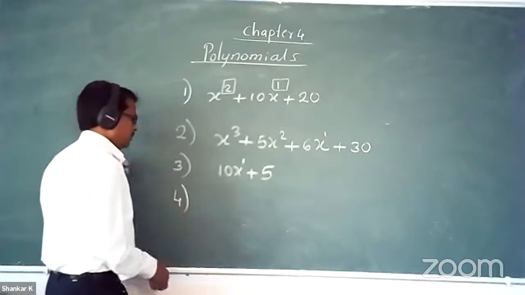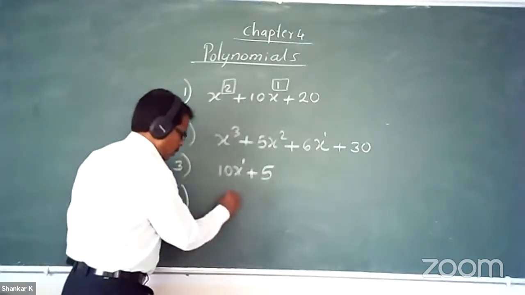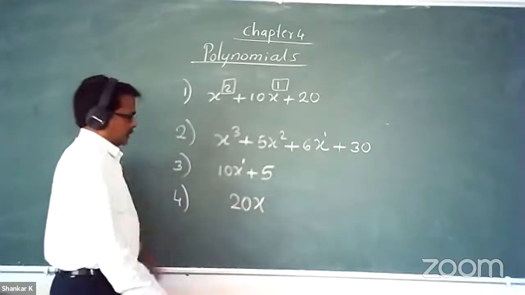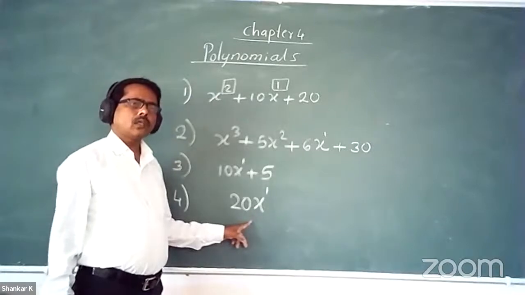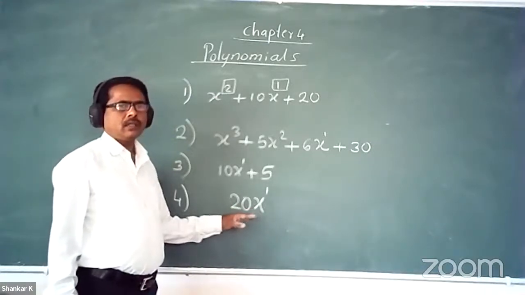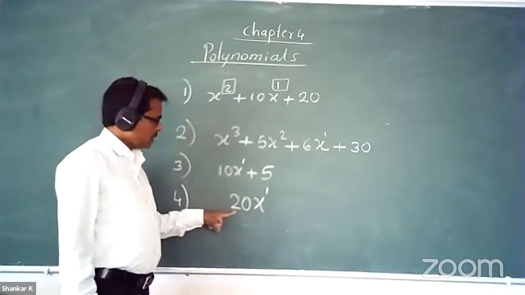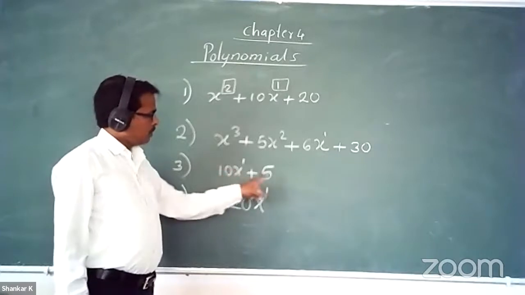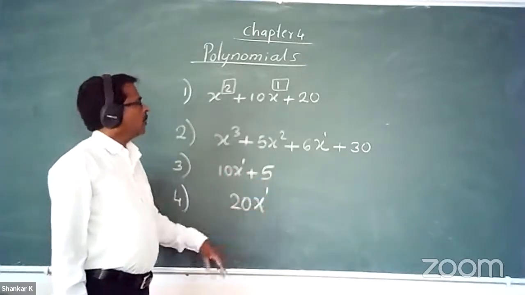One more example, say 20x. The exponent is 1, so it is a monomial. It is also a polynomial. A polynomial which has 1 term is a monomial. A polynomial which has 2 terms is a binomial.